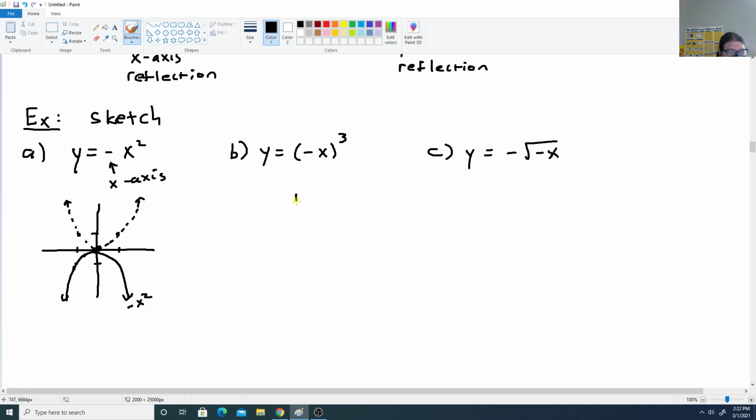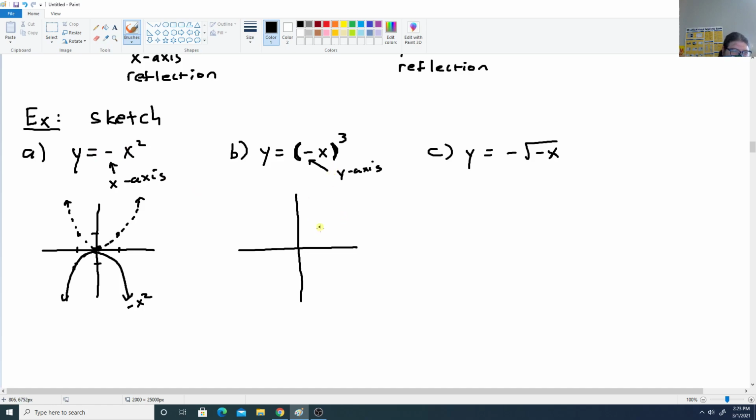For part B, we start with a cubic, and since the negative is inside, this time this is going to do a y-axis reflection rather than an x-axis. We base it around where things are with reference to the parentheses for the stuff cubed. This negative is inside the parentheses of stuff cubed. If the negative was outside, then it would be written like we have here.